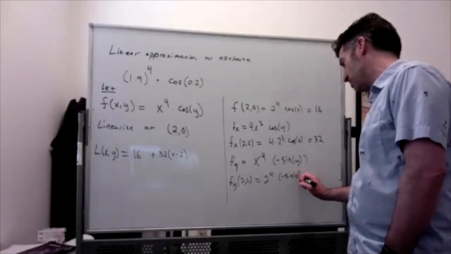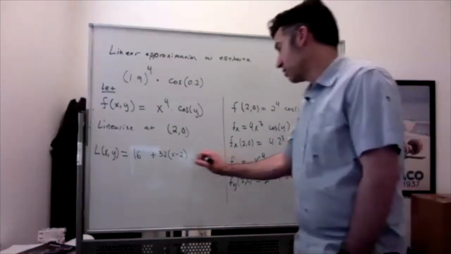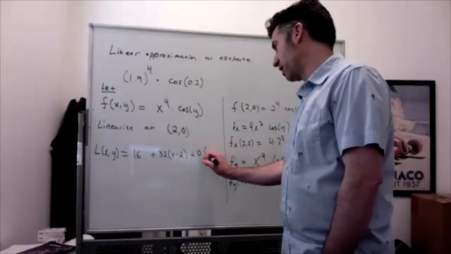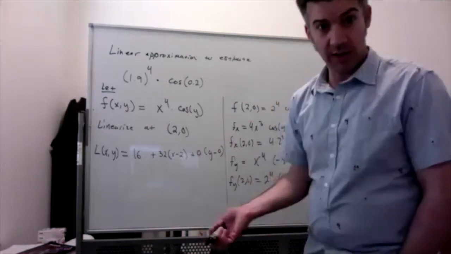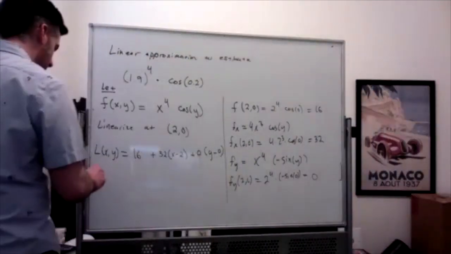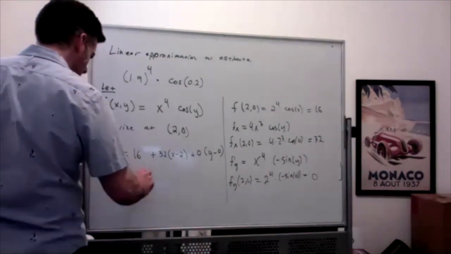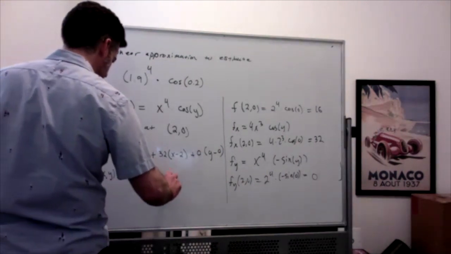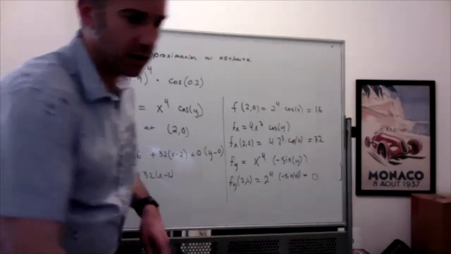But sine of 0 is 0, so I just get 0. That's actually not super interesting, but it is what we get: 0 times y minus 0. So our linearization at (x, y) is 16 plus 32 times x minus 2. We don't get any y's. All right, happens.